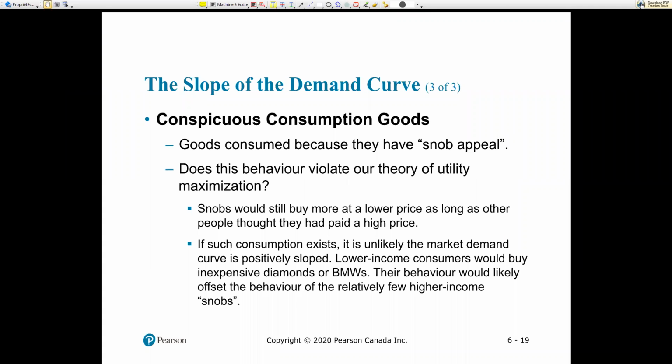So if it's more expensive, I'm going to buy less of it usually. But some goods may look like they don't fall into this category. Some of them we might call conspicuous goods. What are they? Snob appeal, like a Porsche or BMW. So what's up with this?